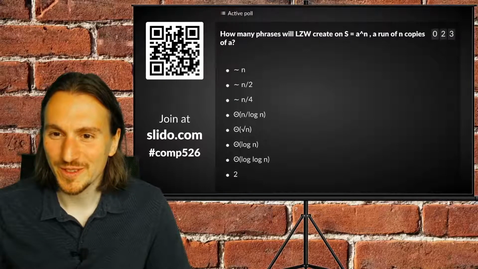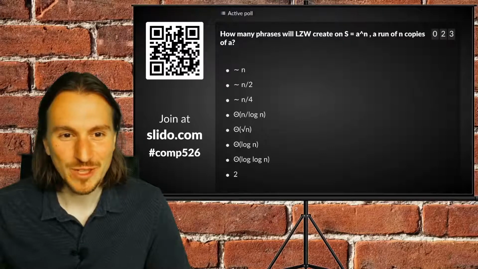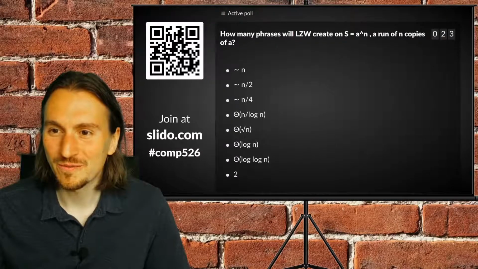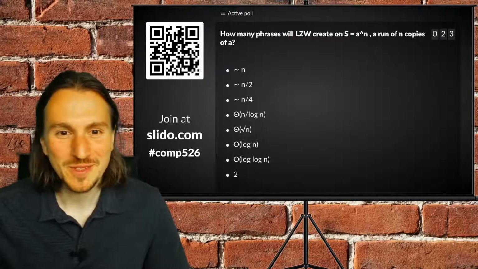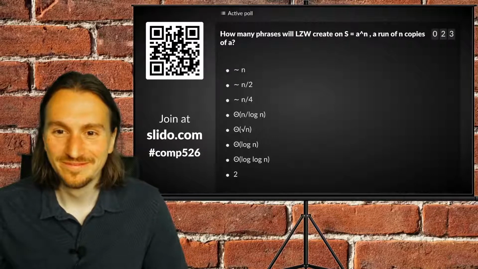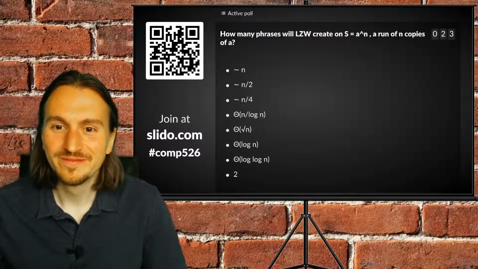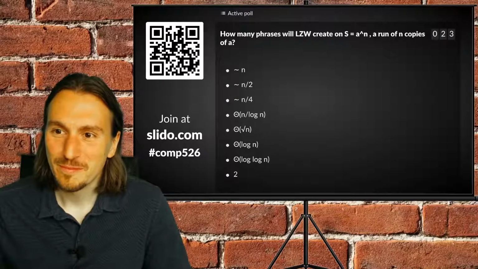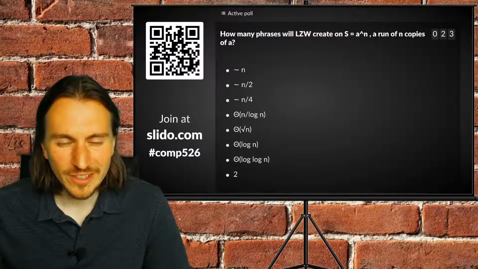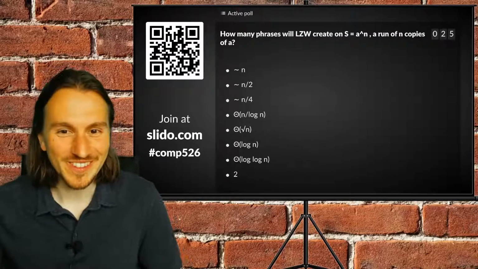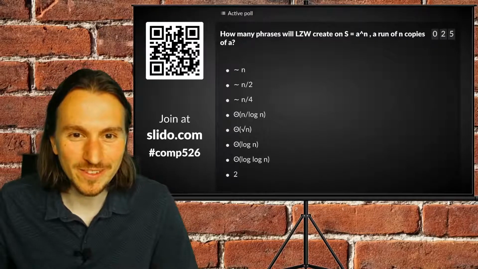And I'll explain what the correct answer is after we've seen the votes. Can we get 2 more people? Doesn't look like it. Oh, there they go. Of course. Great.